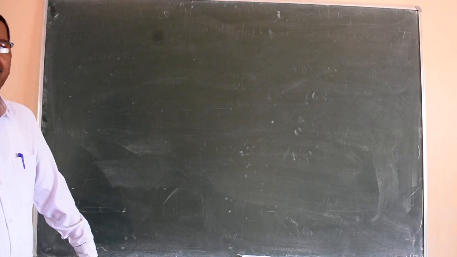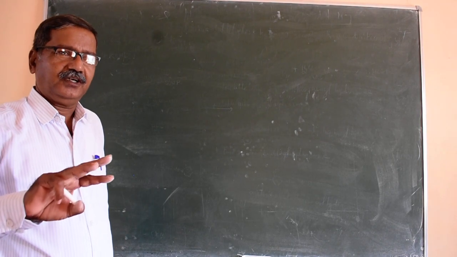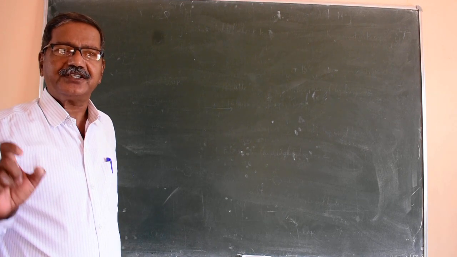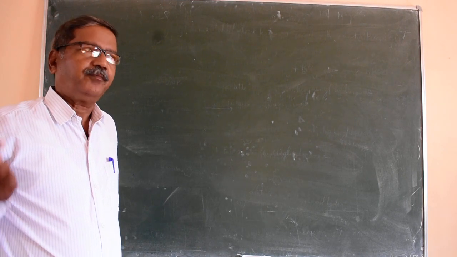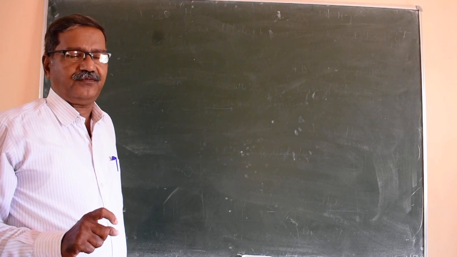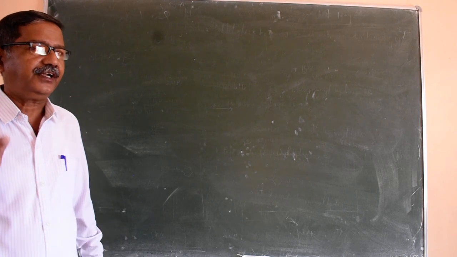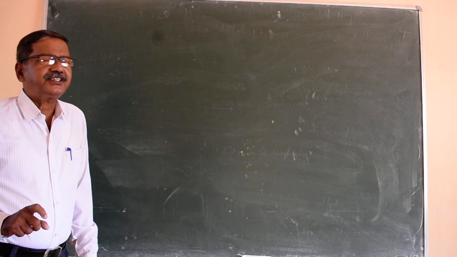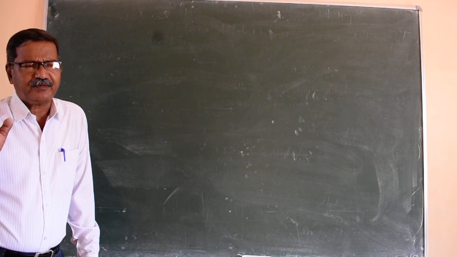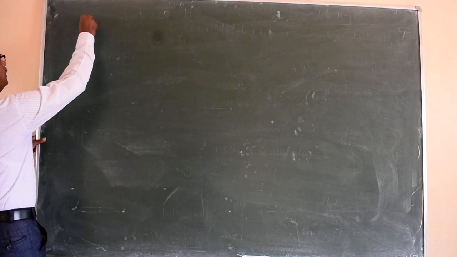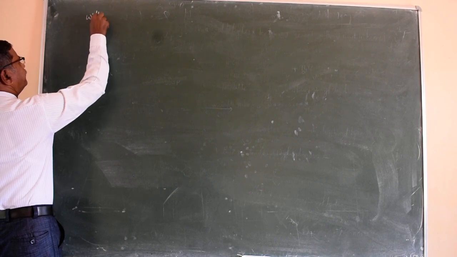And if it is semicarbazide, the product is semicarbazone. If it is the OH group, hydroxylamine, then the product name is oxime. That you have to remember, and it is very easy to write the equations. Just remember NH2 and Z. Okay, with semicarbazide.